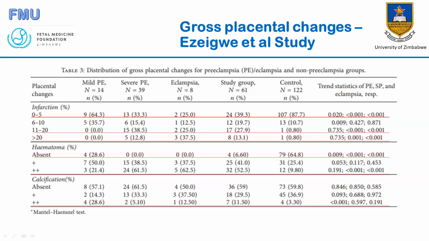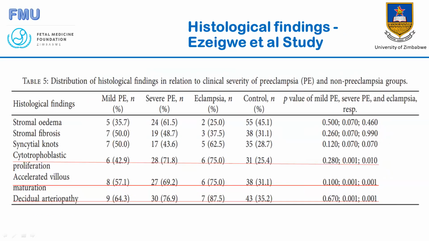So as far as the histological findings, we've got stromal edema. I think some of these were talked about in detail earlier on by the pathologist. We've got stromal edema, stromal fibrosis, syncytial knots, cytotrophoblastic proliferation, accelerated villus maturation, as well as decidual arteriopathy.